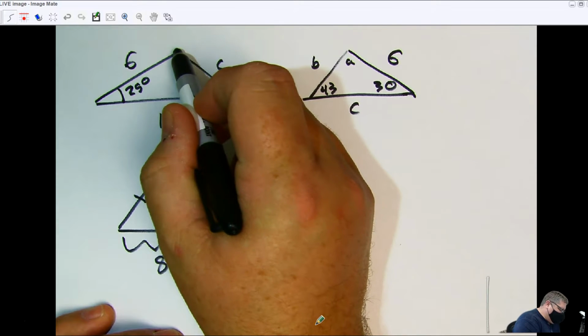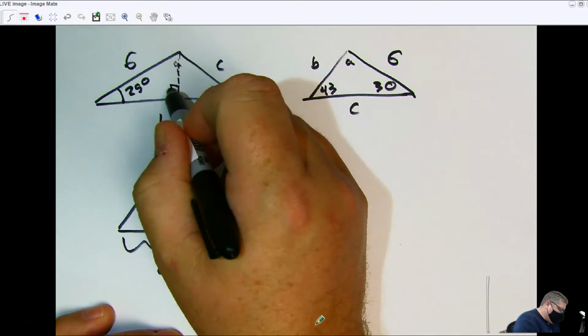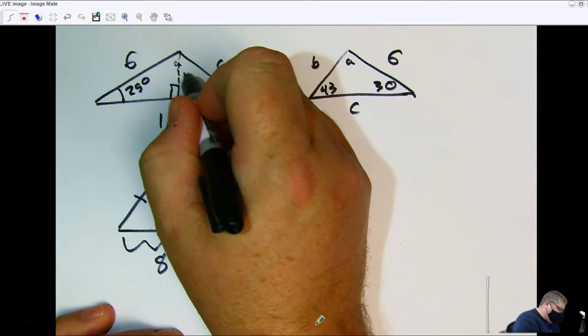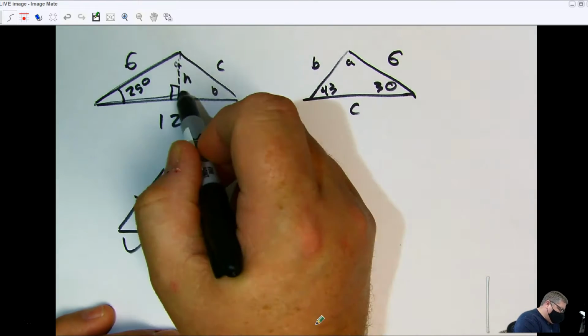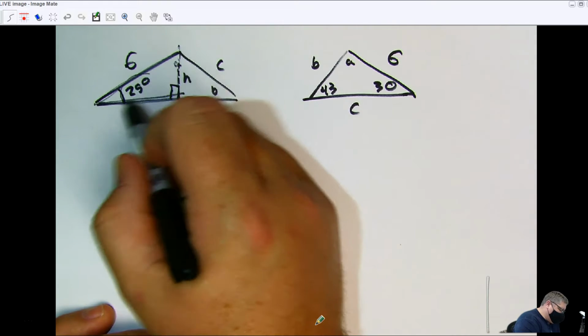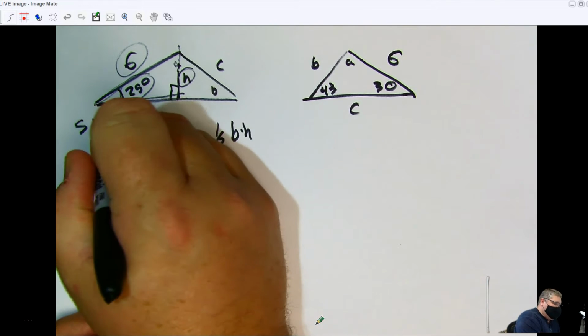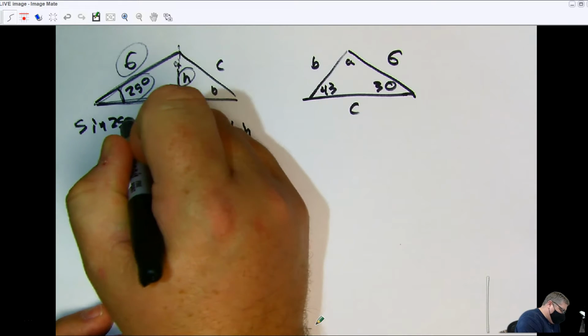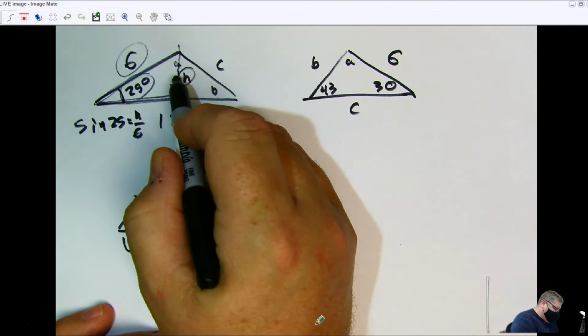The first thing I can do is drop a height right down the middle. So let's go ahead and find that height right there. If I know this triangle here, I got 25 and 6, I need to find H. That's nothing more than sine of 25 equals H over 6, and H because it's height.